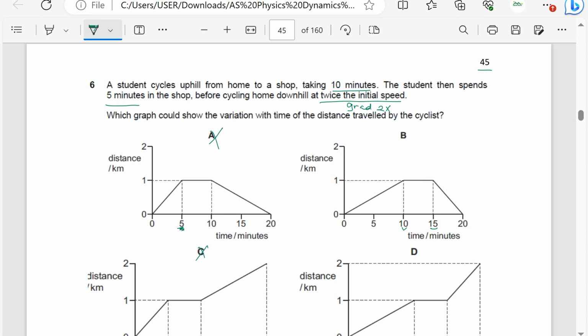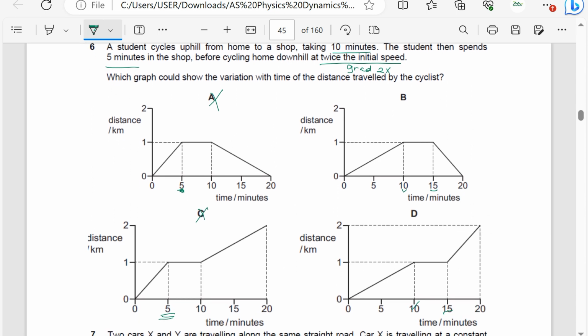So here, let's compare the gradients. This one is a positive gradient, this is also a positive gradient. Then compare this gradient here with the first one. The first gradient is going to be 1 divided by 5. For this gradient, it is going to be 2 minus 1, which is 1, divided by 20 minus 5, which is 5.